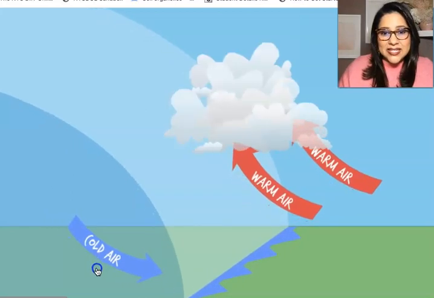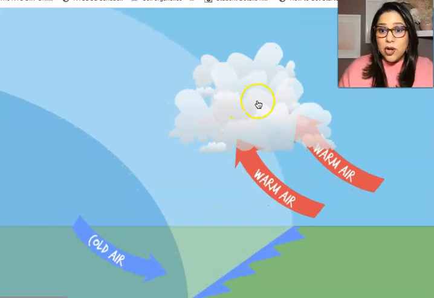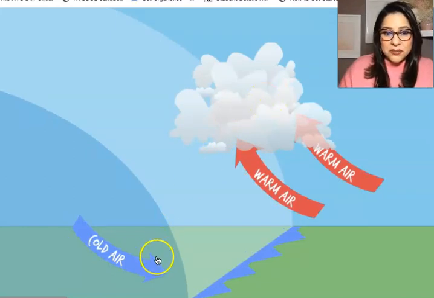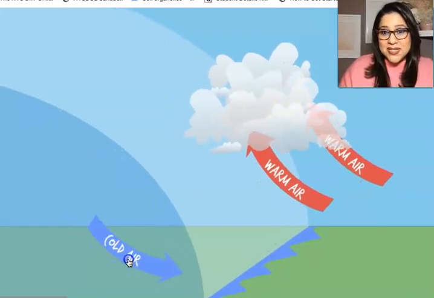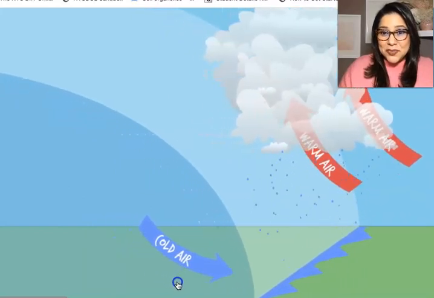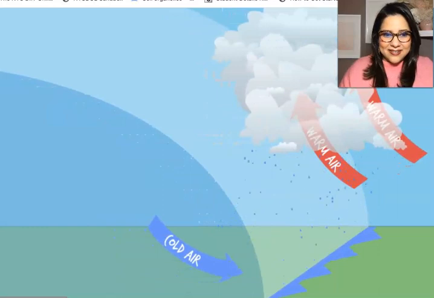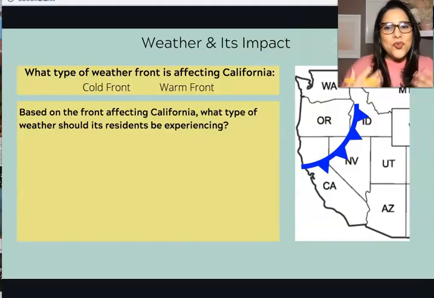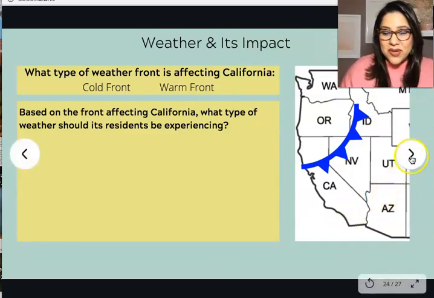As it rises up that steep slope, you're going to have some large clouds form. The warm air is going to continue to rise, and eventually it's going to lead to precipitation. So now that we've warmed up and reviewed cold fronts, let's move on.